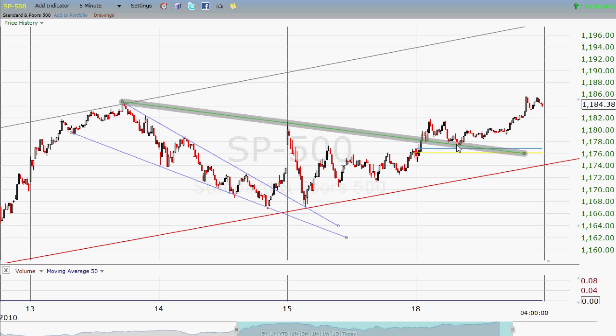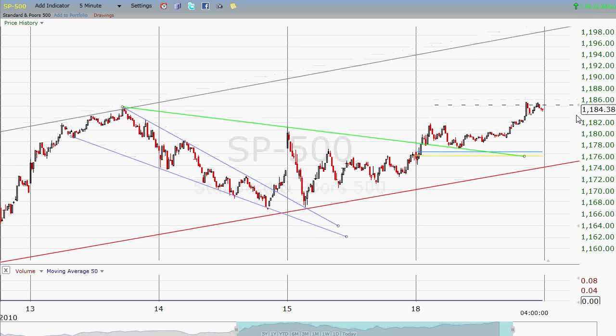What did we do here? Came back for a back test, and now prices started to move up and closed near the highs for the day. And to my eye, it looks like we may be starting to put in just a little tiny area of consolidation right here between 1184 and just under 1186.